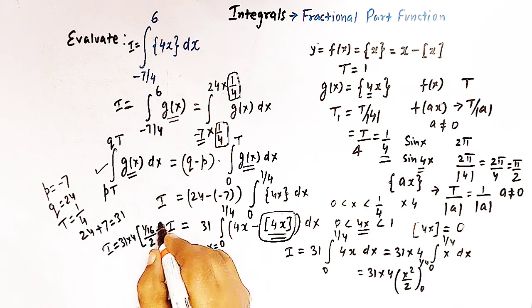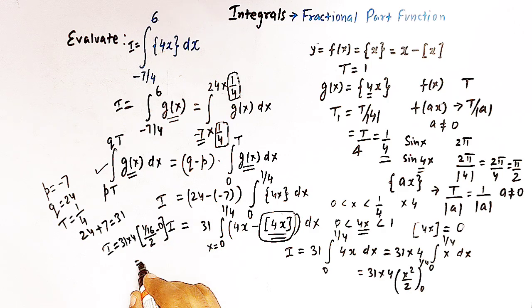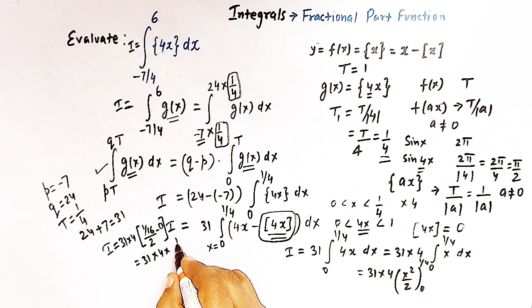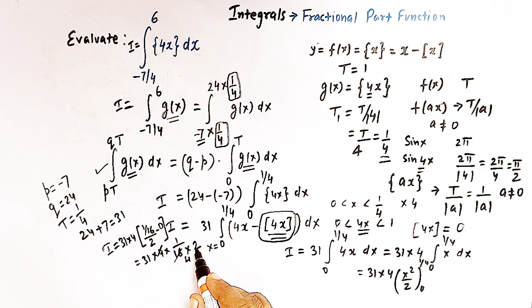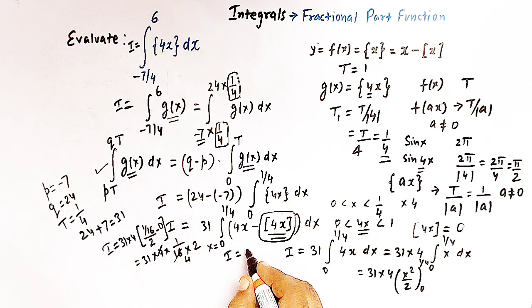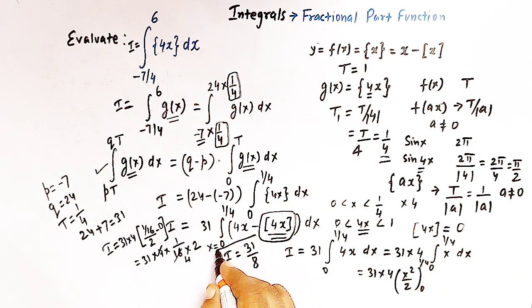So now we can solve it: 31 times 4, then 1 over 16 times 2, so 4 times 4 is 16, and 4 times 2 is 8. So the value of this integral I is equal to 31 over 8, right?